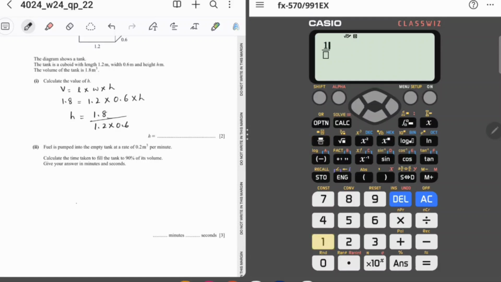That is 5 upon 2, or 2.5. So 2.5 meters is the height in this question.